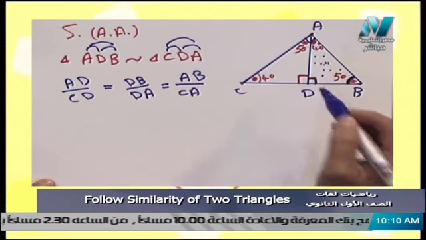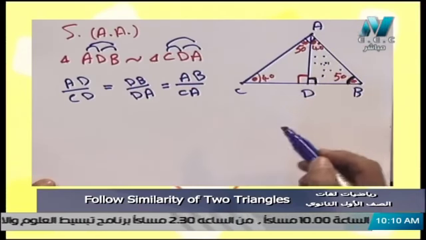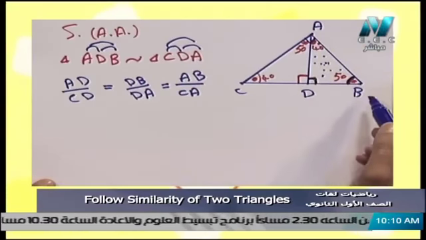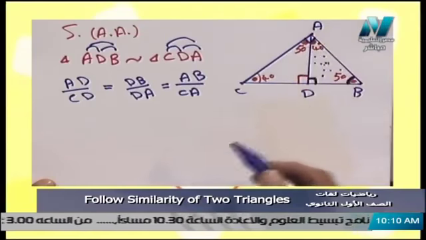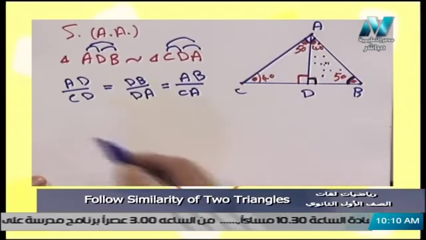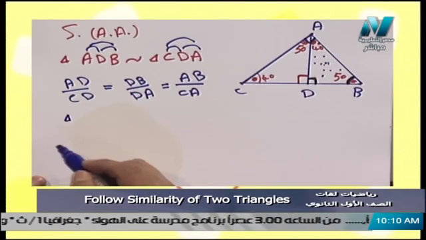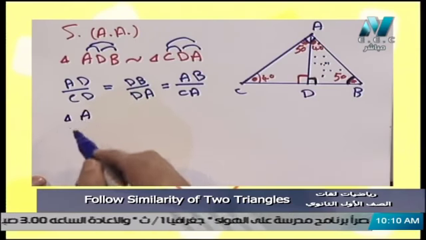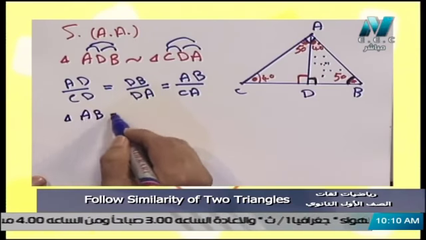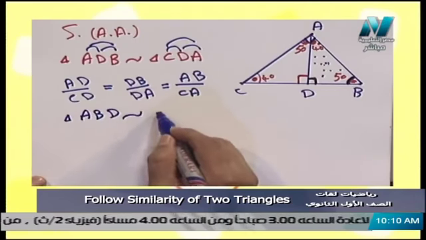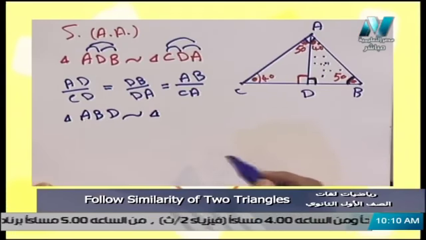And we know that the angle ADB equals the angle A, which is 90 also. So we can say that triangle ABD is similar to triangle ABC.